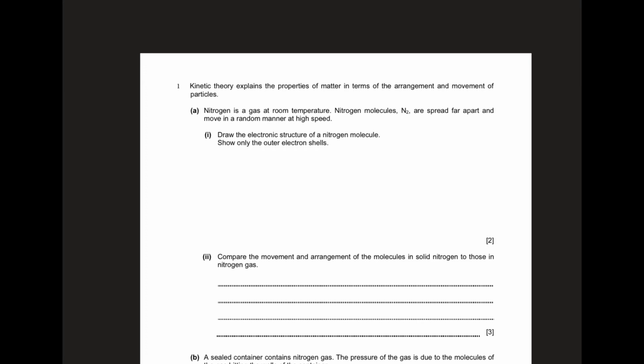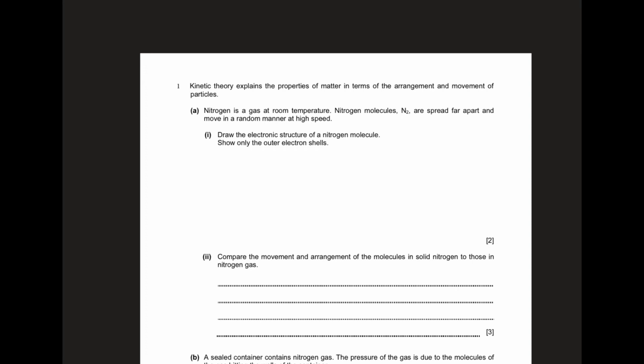How is the solid arranged, how they move, vibration, and then how is the liquid arranged, and how the motion, and how is the gas arranged, and how is the motion. It's basically these two important aspects, the arrangement and motion. Okay, then let's move on.